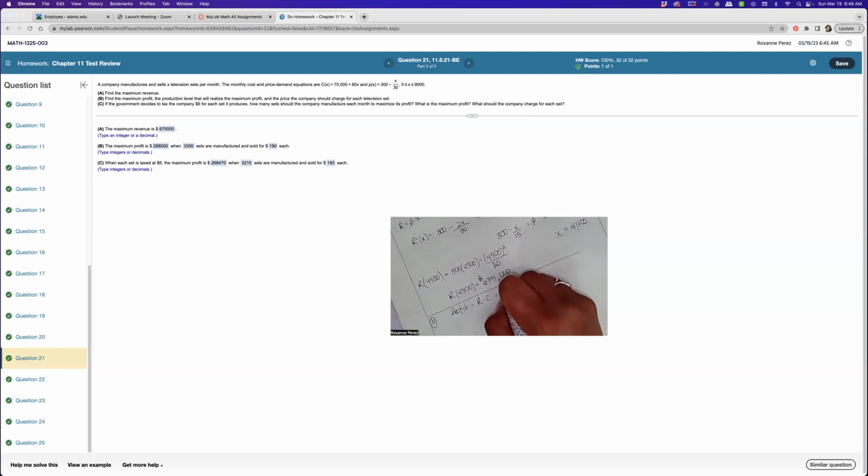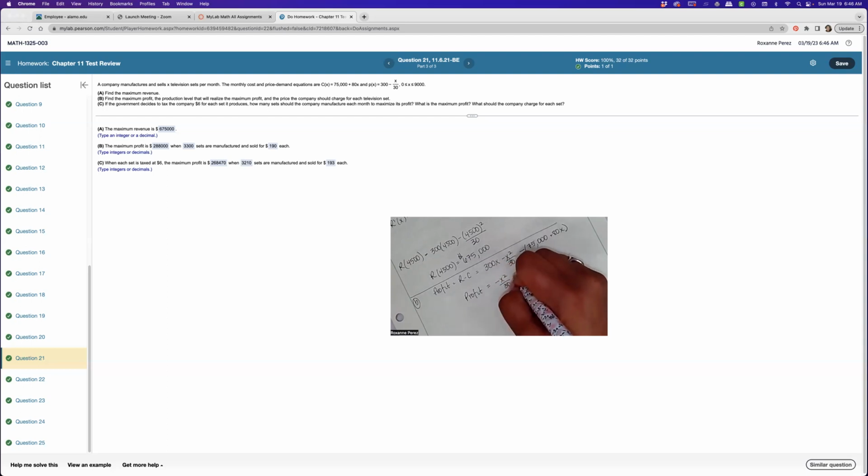That's going to be 300x minus x squared over 30 minus the cost function, 75,000 plus 80x, and that's going to give you a profit function equal to negative x squared over 30 plus 220x minus 75,000.